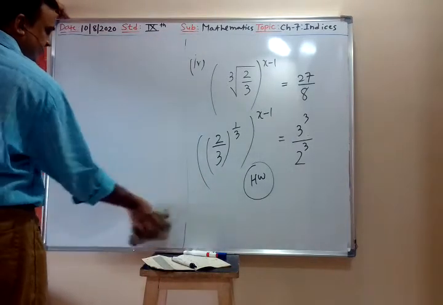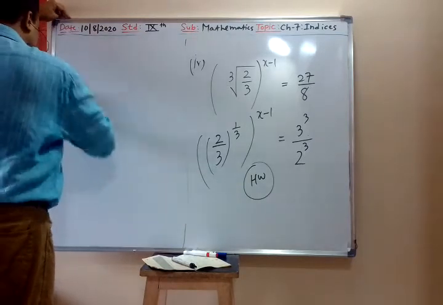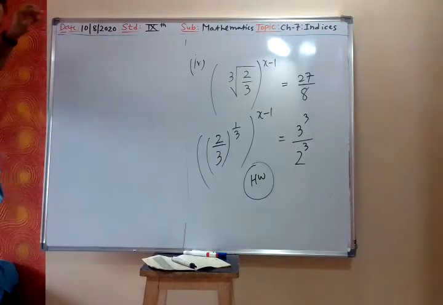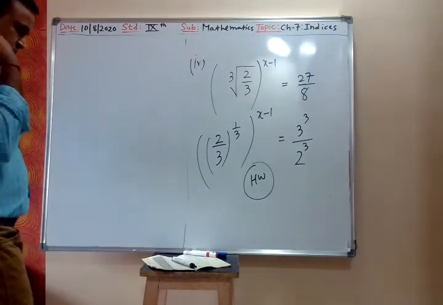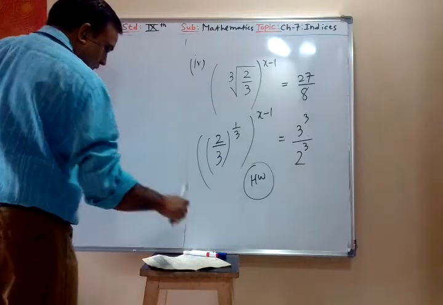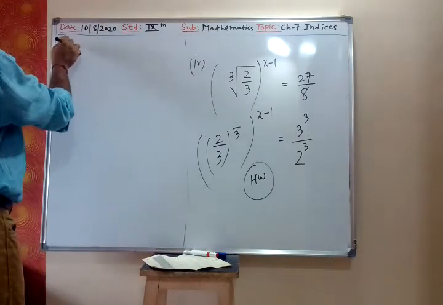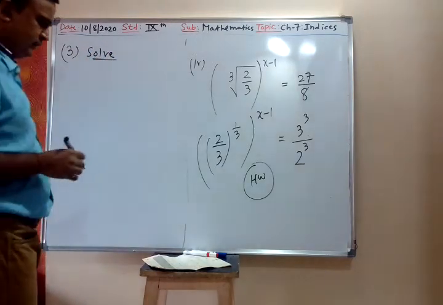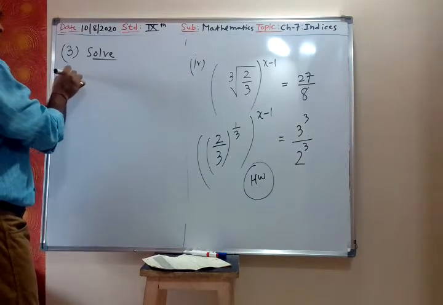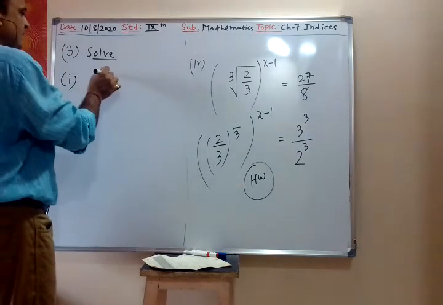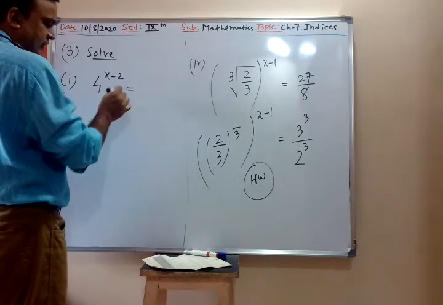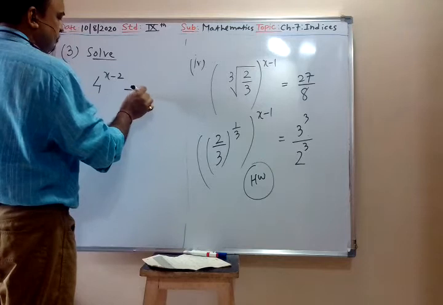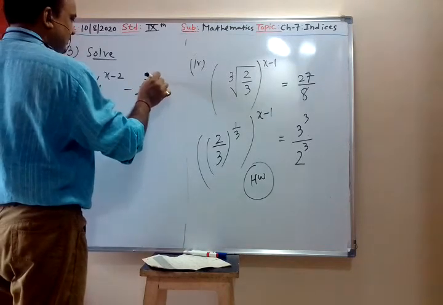Now we will solve the third one. 4 raised to x minus 4 raised to x minus 2 minus 2 raised to x plus 1 is equal to 0.